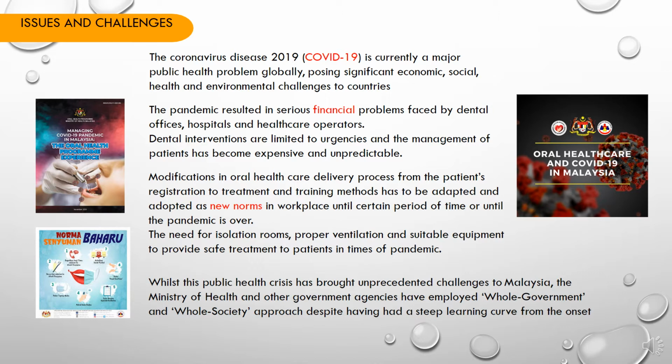Whilst this public health crisis has brought unprecedented challenges to Malaysia, the Ministry of Health and other government agencies have employed a whole government and what we call whole society approach despite having a steep learning curve from the onset. So the collaboration between the government sector as well as the private sector and the community helps in reducing the cases of COVID-19.